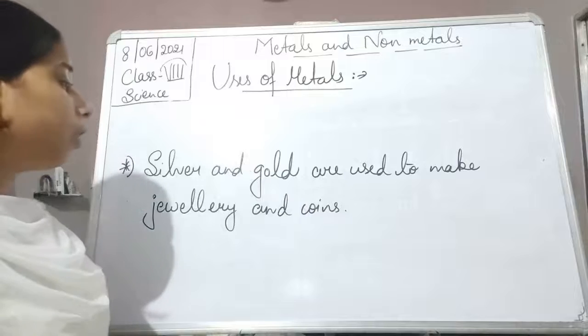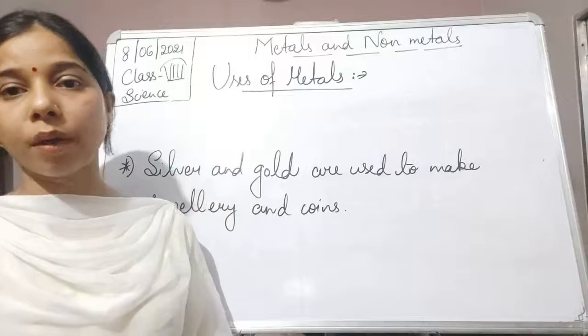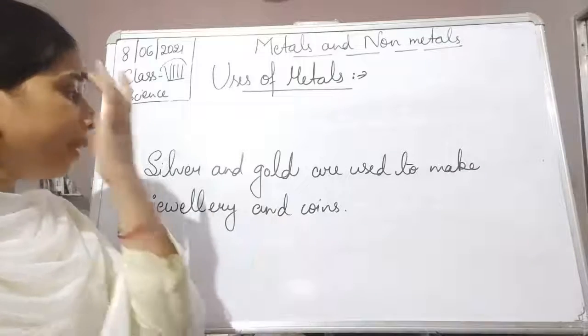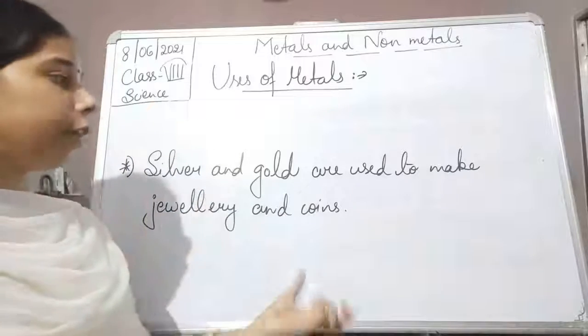We all have heard about silver coins or gold coins. So they are basically made up of silver and gold.